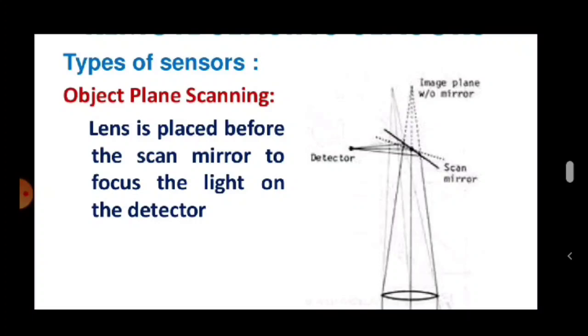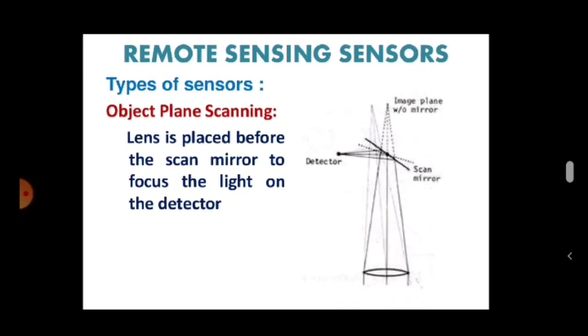Then those non-scanning and scanning categories are both divided into imaging and non-imaging. These imaging sensors are divided into image plane and object plane, which is what we discussed here.